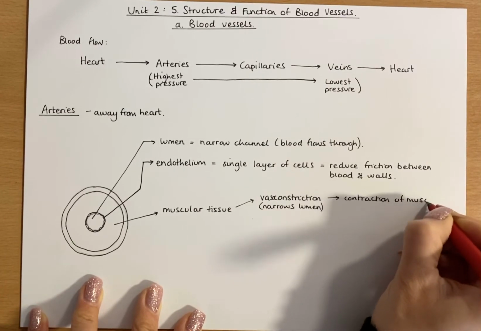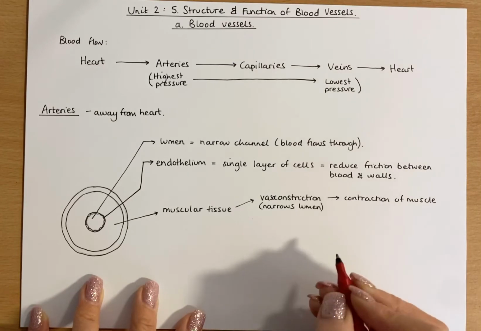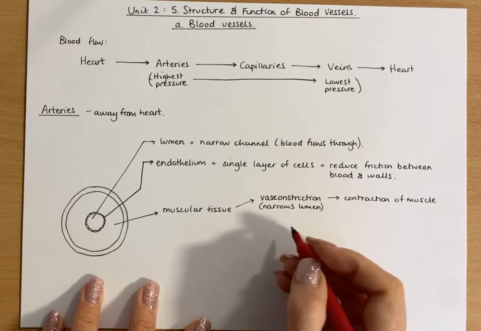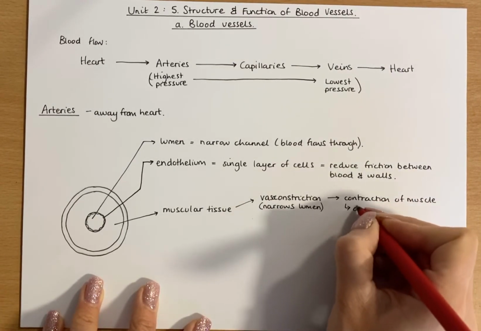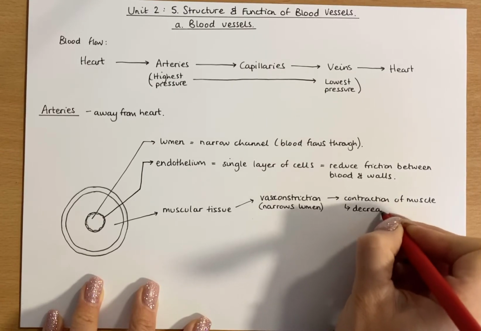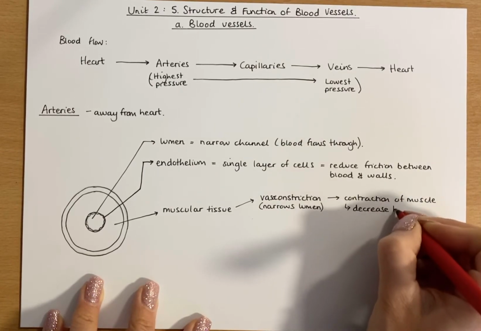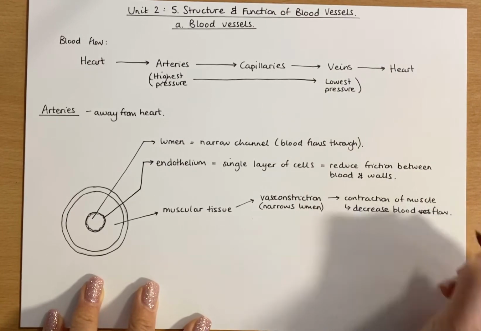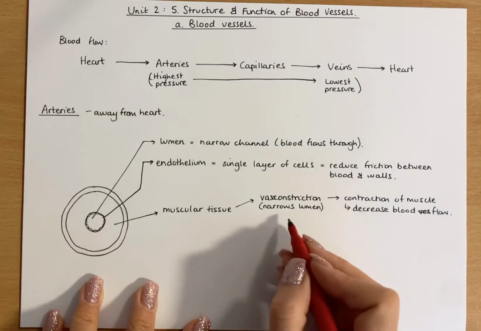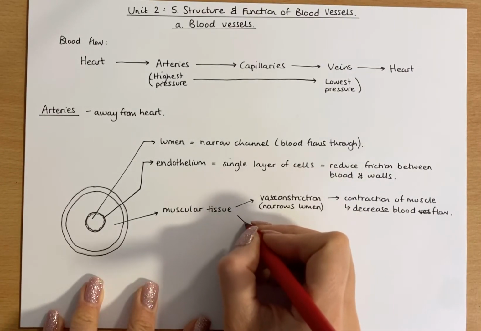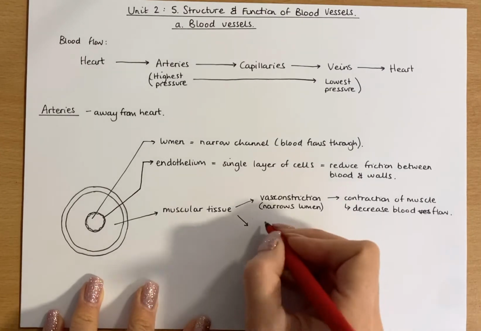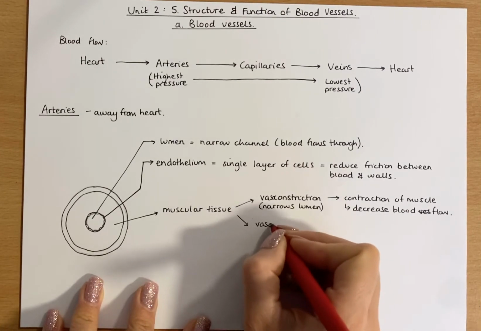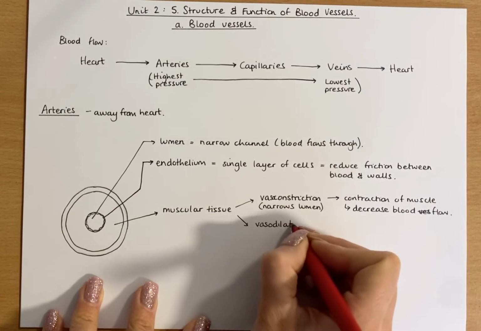And this is important because it controls blood flow. Now specifically, if the lumen narrows, that will decrease blood flow and will reduce the amount of blood or the volume of blood getting to whatever area that blood vessel supplies. It decreases blood flow. Okay, so vasoconstriction narrows the lumen due to contraction of the muscle. Vasodilation will do the opposite then.